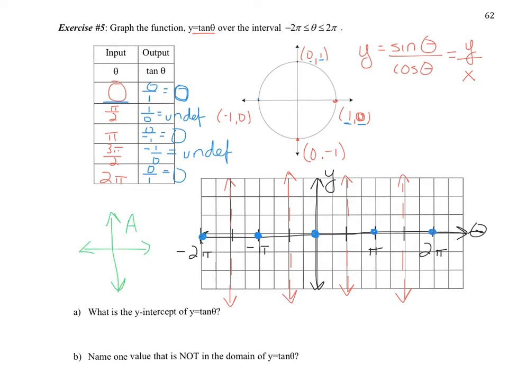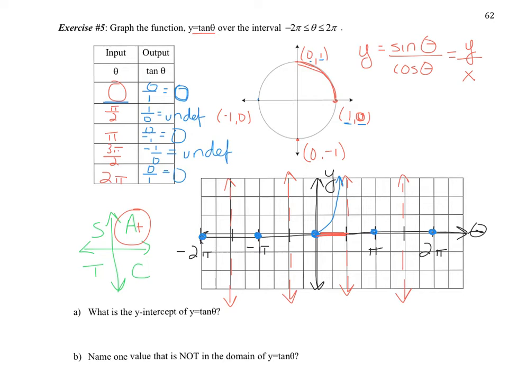We have to decide on each of these quadrant values which direction we're going to go in. So starting out in quadrant 1, which is here on my unit circle, here on my trig graph, everything is positive. So this piece of my graph right here has to go towards positive infinity as it heads towards that vertical asymptote.